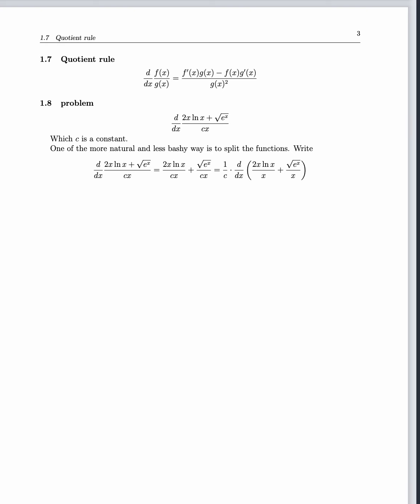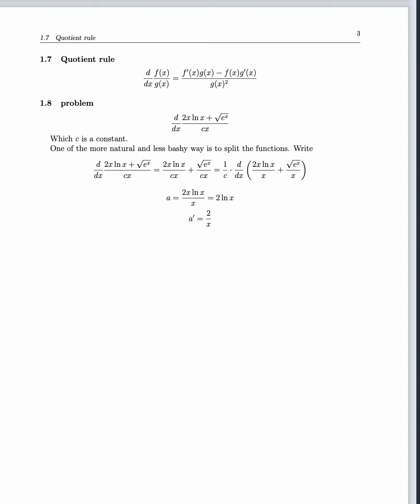So we don't even need a fraction. Then we write the derivative as 2 over x simply.